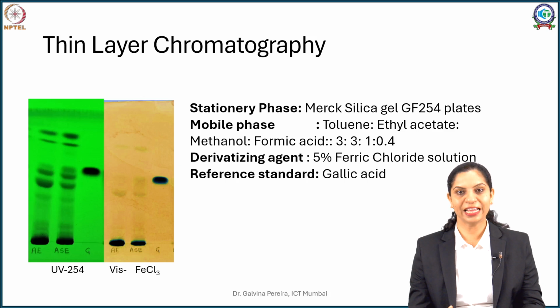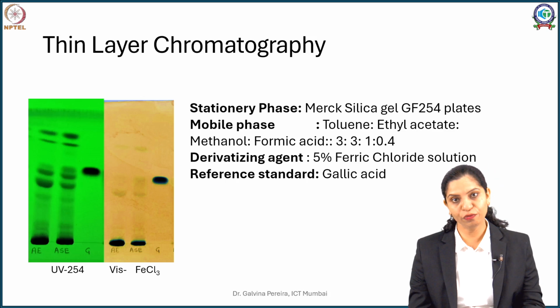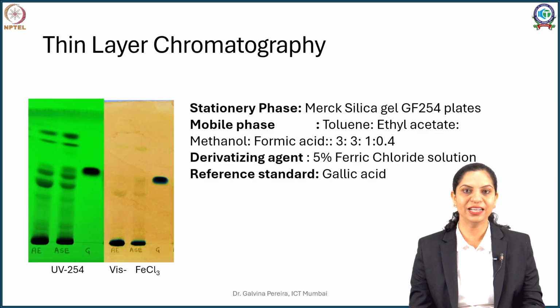TLC along with a scanner called photo documentation can also be used to quantify the amount of tannins present based on their Rf and intensity. Other methods which have been used for tannins are HPLC, size exclusion, and a few also use GC, but those are beyond the scope of this.